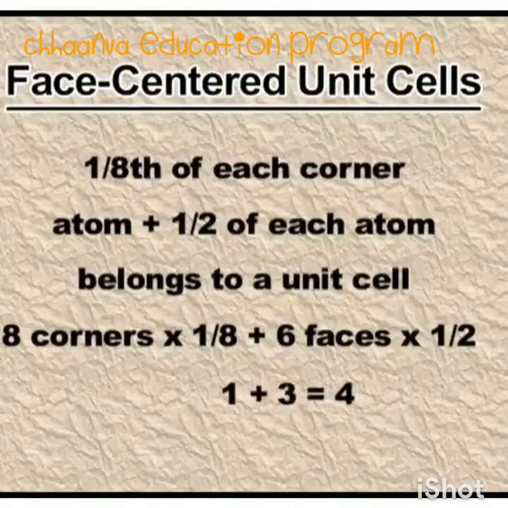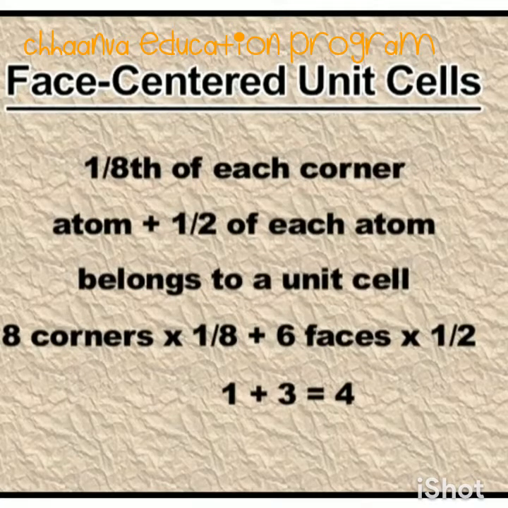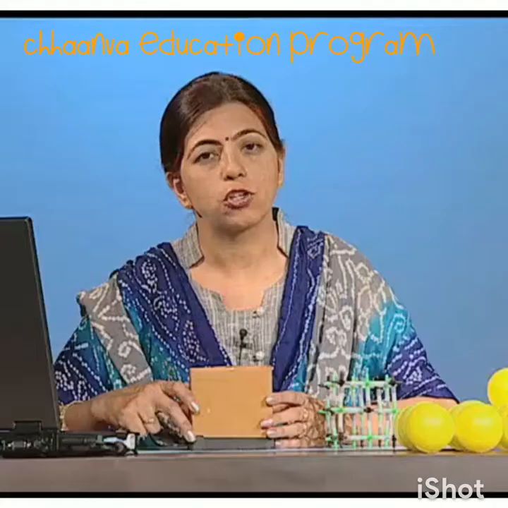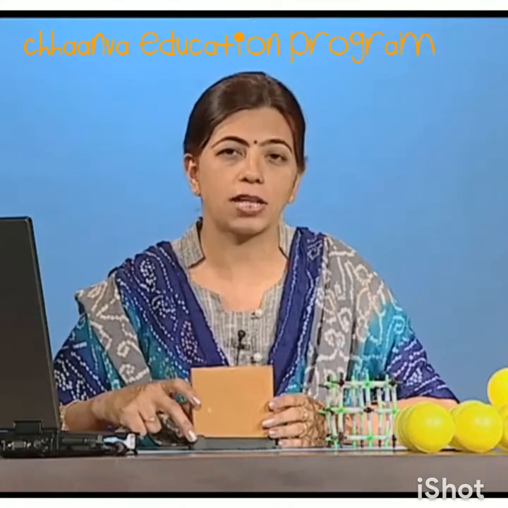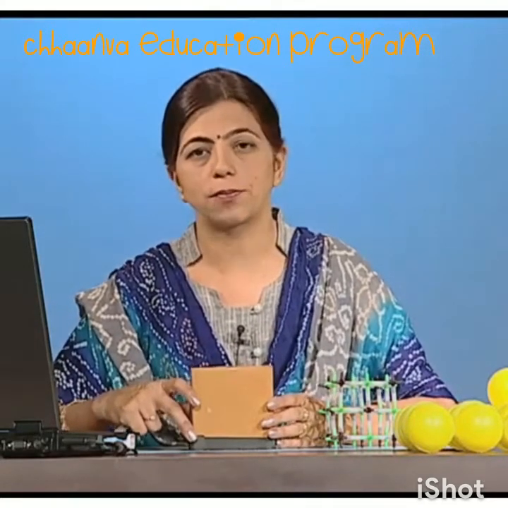So 6 faces, half contribution, 6 into 1 by 2 is equal to 3. So 3 contribution by the atoms at the faces and 1 contribution by the atoms at the corners. 3 plus 1 is equal to 4. So in the FCC type of the unit cell, there are 4 atoms per unit cell.